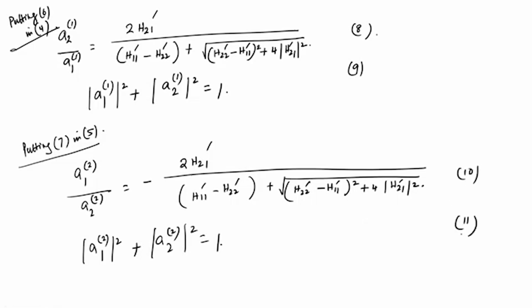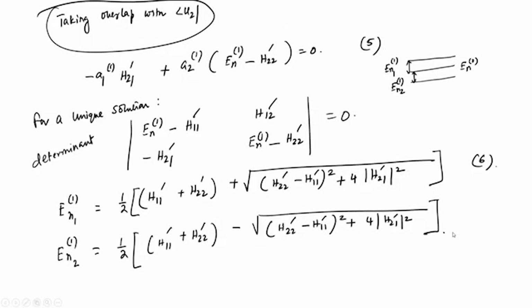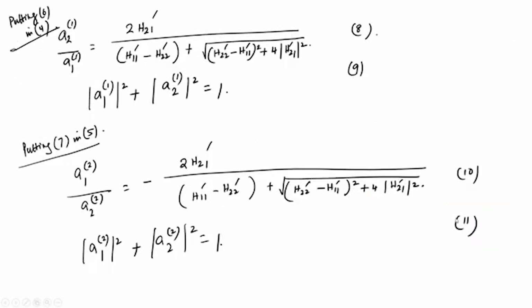Put together with the energy corrections En1 and En2, which are written here: equations 6 and 7 are the energy corrections, and equations 8, 9, 10, 11 are the corrections to the wave function. Put together they give you the entire solution to this two-fold degenerate problem.